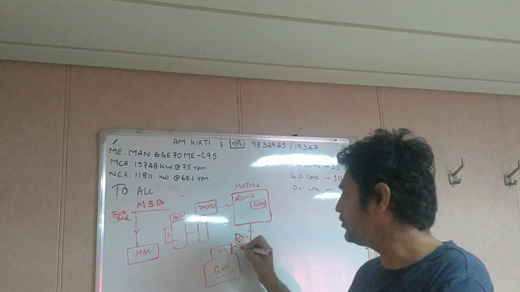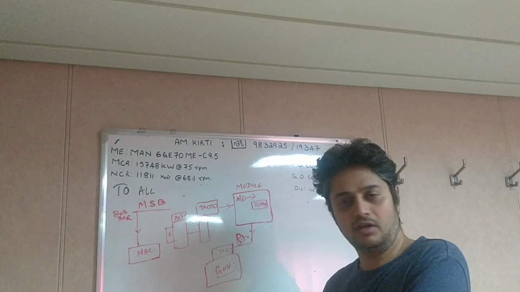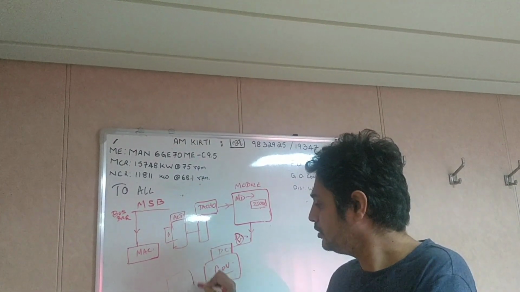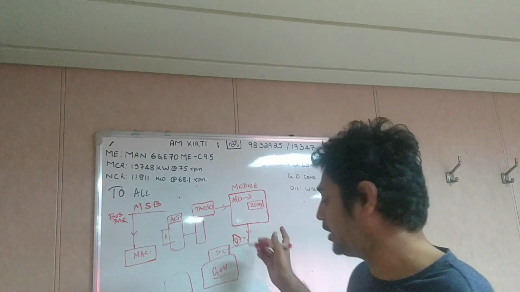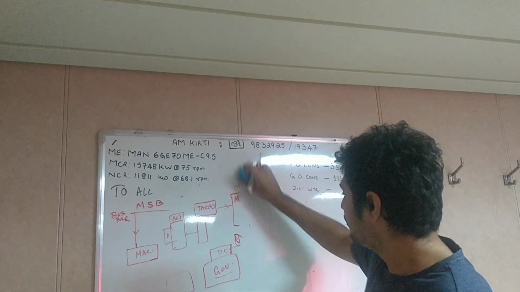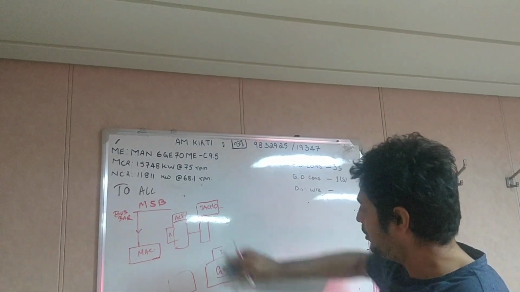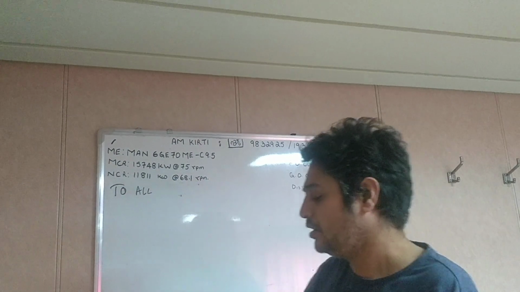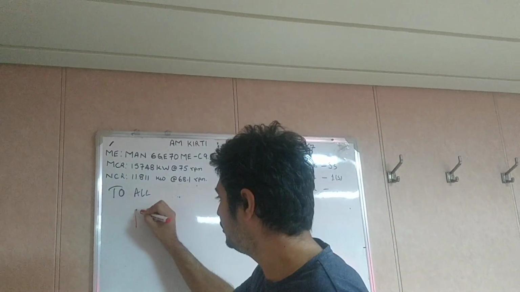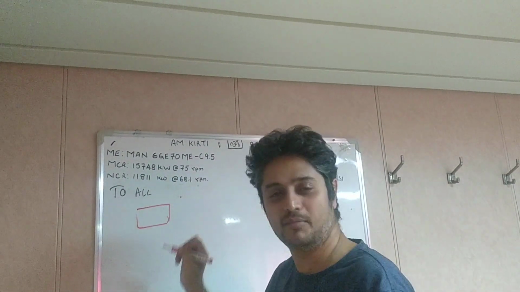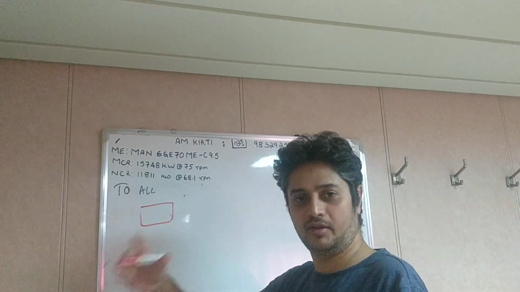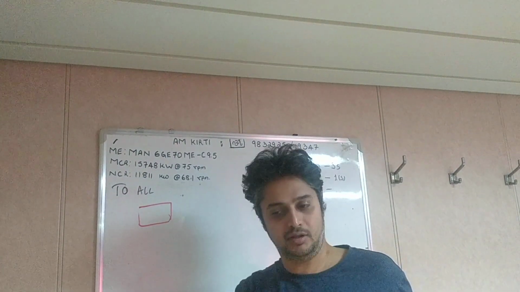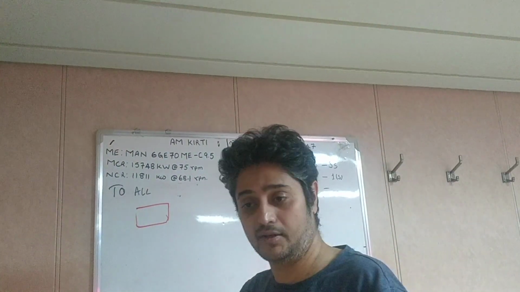That will also give a signal to the DC motor when two generators are running. You would have also noticed in the generator PMS panel, you have sets of increase and decrease for each individual generator.